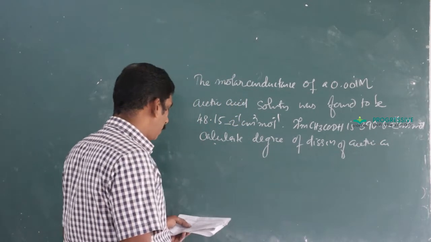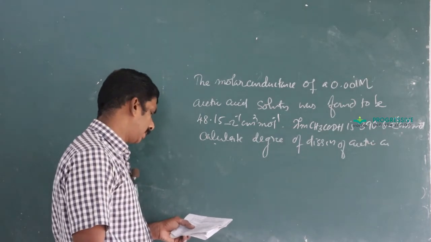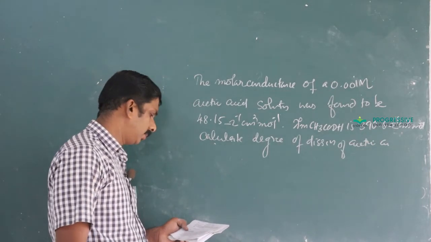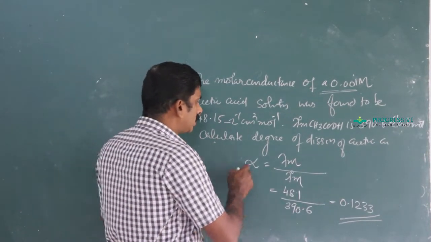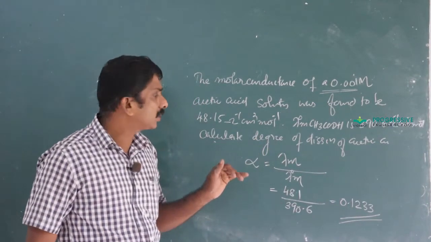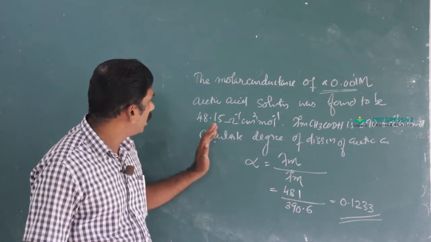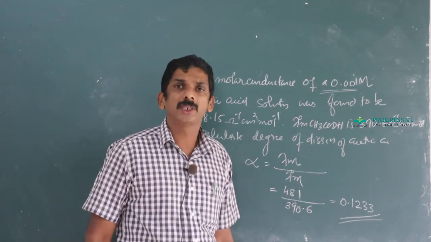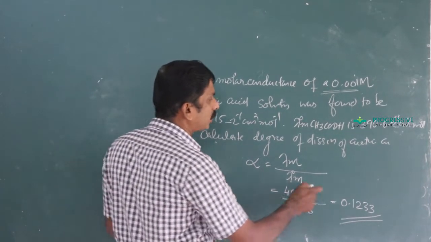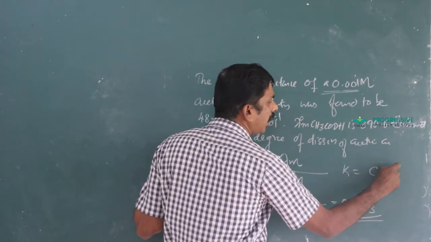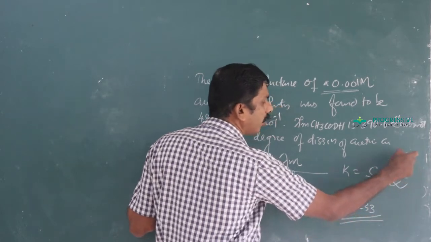Here the concentration is given. In addition to the degree of dissociation, suppose you have to calculate the dissociation constant also. Then what is the expression? K equal to C alpha square divided by 1 minus alpha.